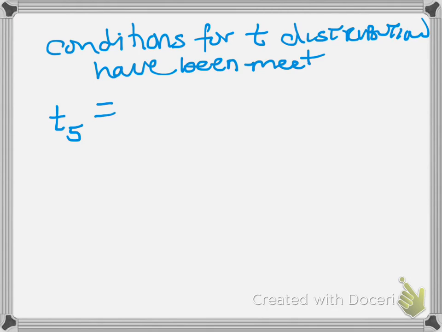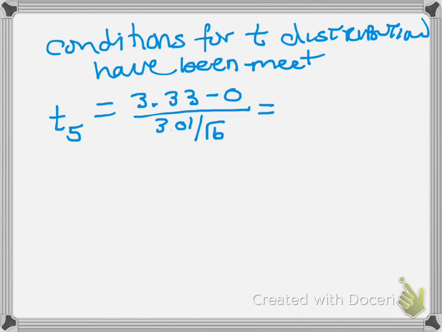This gives you the mean: 3.33 minus 0. The mean of those 6 numbers was 3.33. My standard deviation was 3.01 divided by the square root of 6, and this is equal to 2.71.